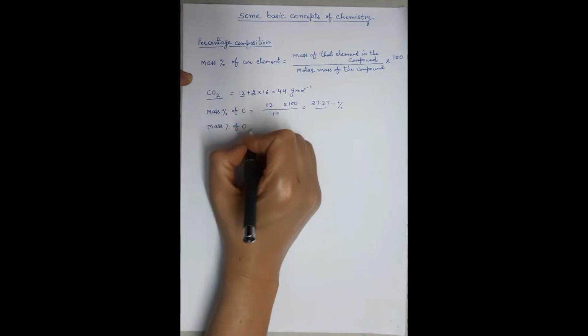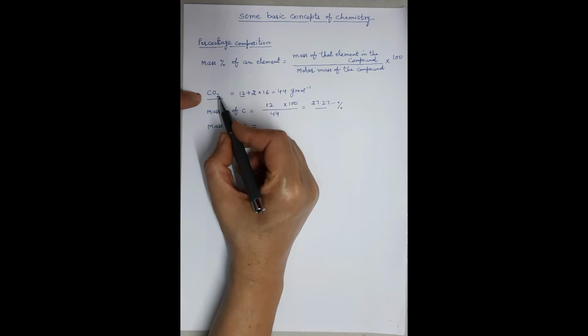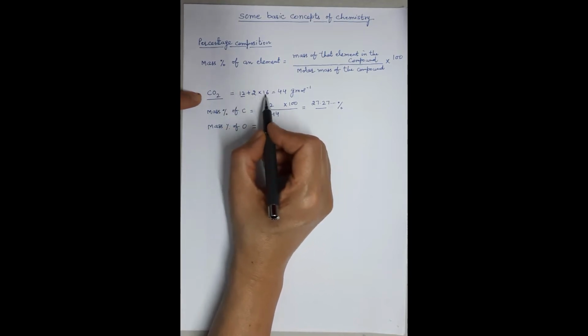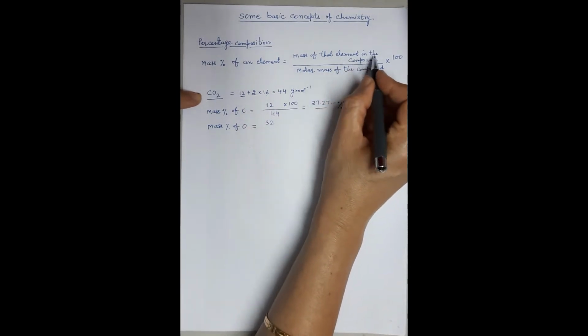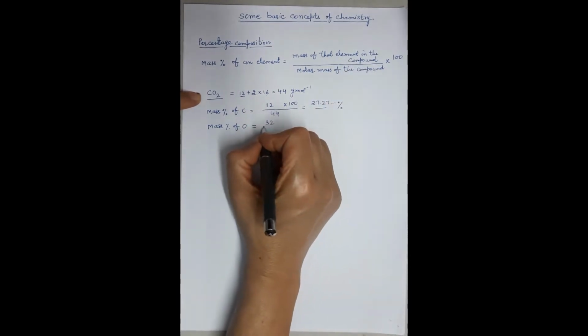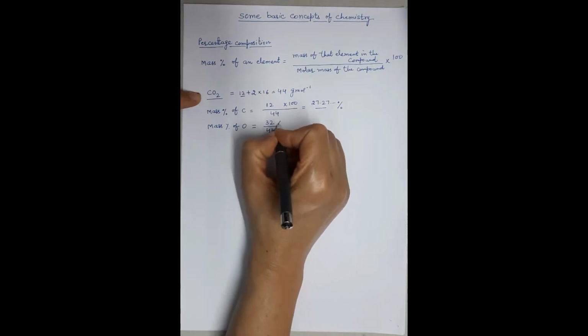Can you find out the mass percentage of oxygen in this? There are 2 atoms of oxygen present here, rather 2 moles of oxygen are present. 1 mole is 16 and 2 moles is 32. So the mass of that element for oxygen is 32. Total molar mass of the compound is 44, into 100.